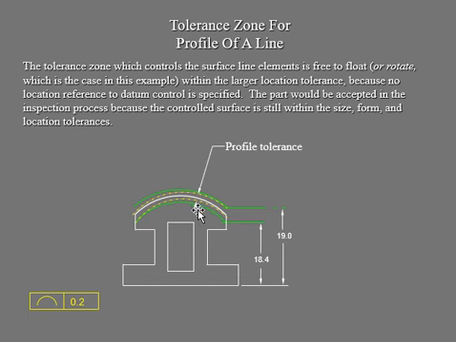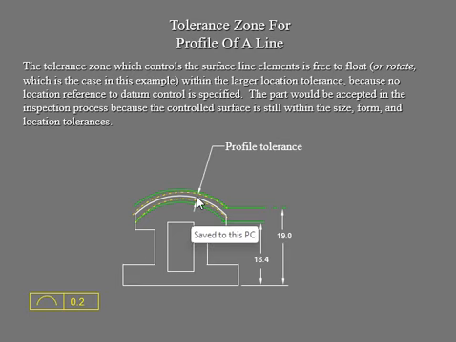So you're in the larger location tolerance, and because there is no location reference datum, we can just use this tolerance to control that profile line. Meaning this tolerance zone can float, meaning you can rotate, for this example, for this part.